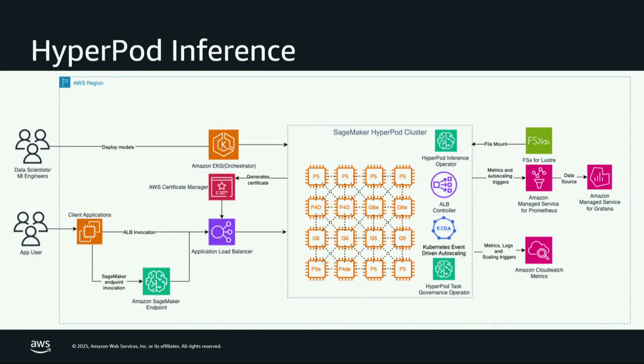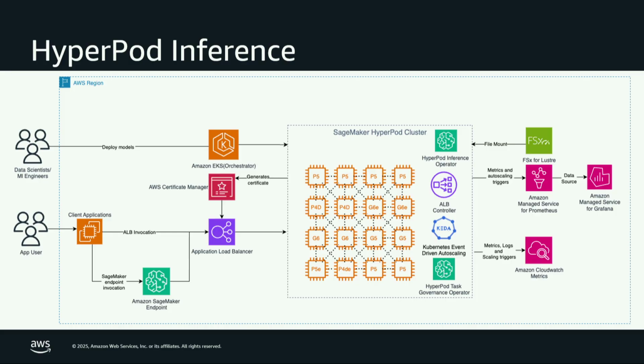And finally, the idea is that for different audiences, you can go through different flows. For example, the data scientists and ML engineers can use the HyperPod CLI and SDK, which we will demo in a bit, to create the endpoints, which in turn creates the SageMaker endpoint, the ALB controller, KEDA, and then integration with FSx, S3, and metrics.